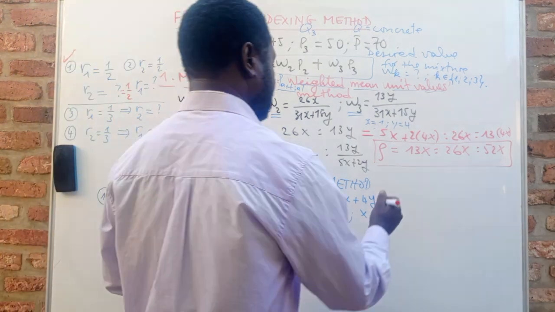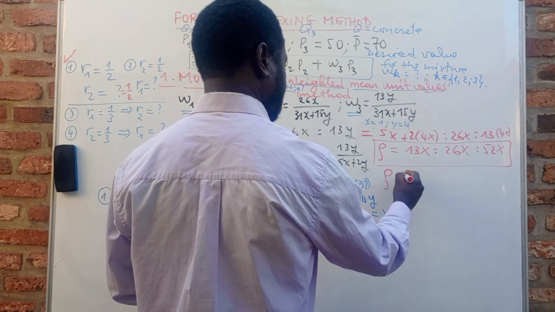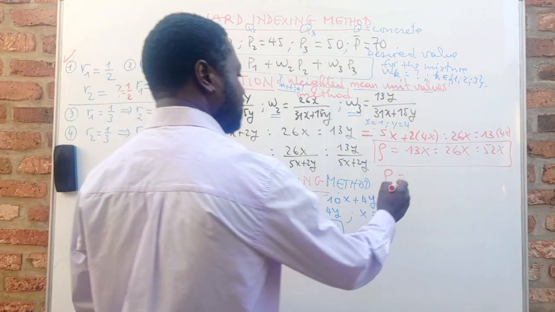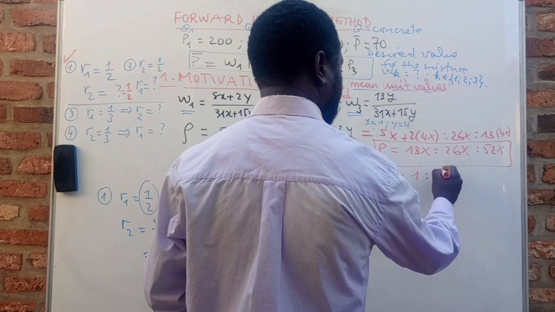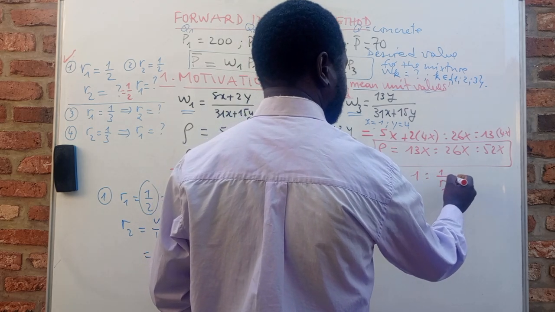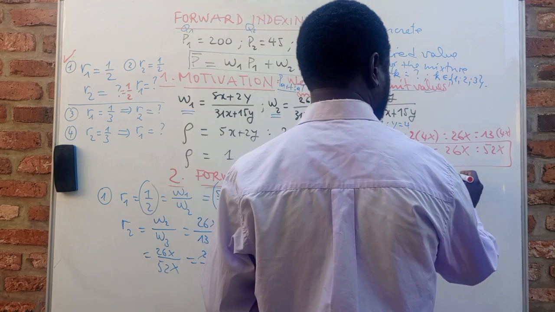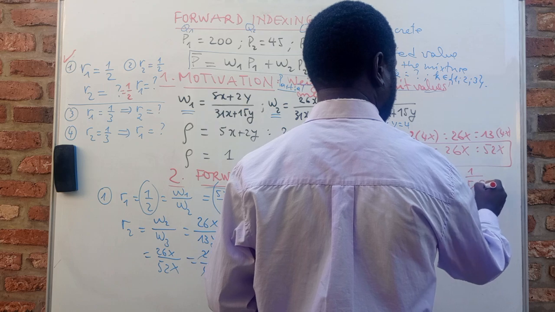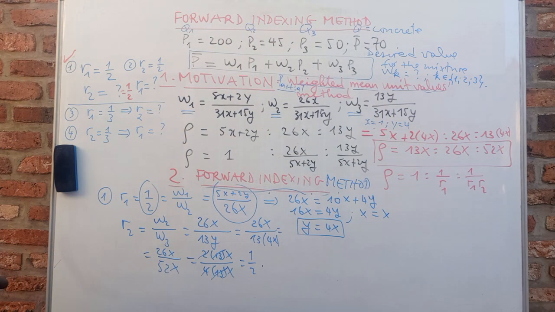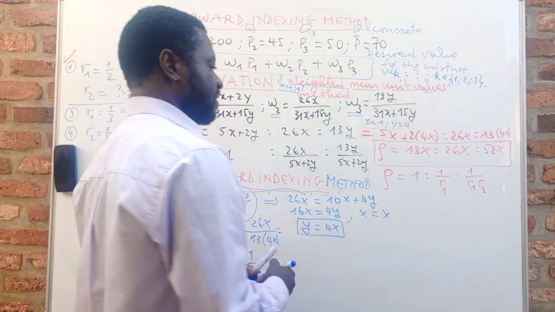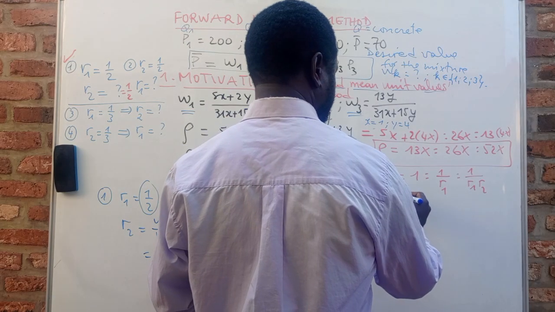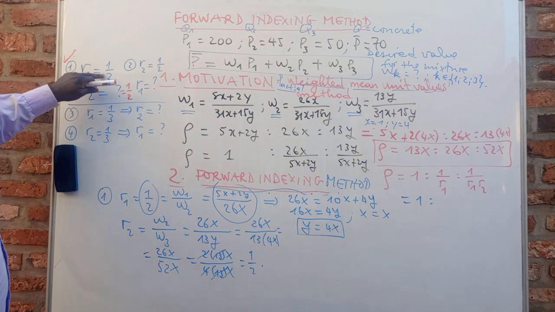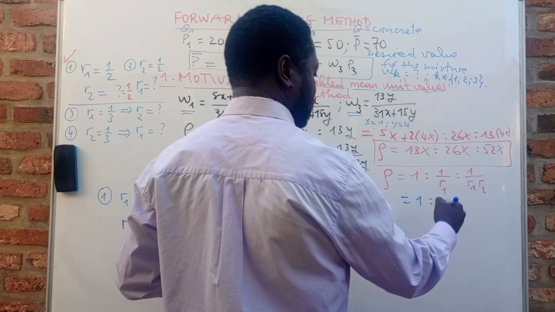When we take 1 here, this is rho equal to, let us use the formula from the forward indexing method. This is 1 over R1, 1 over the product R1 times R2. R1 is a half, so the reciprocal of a half is 2.